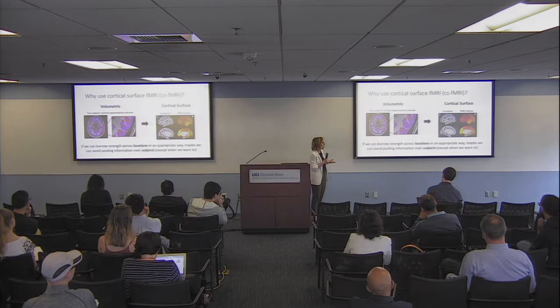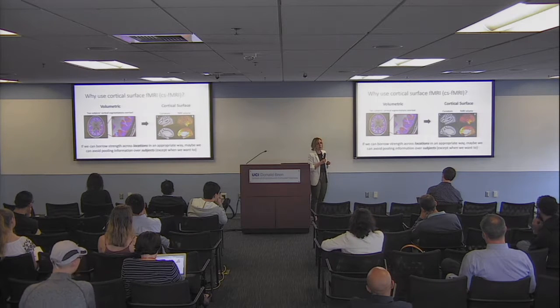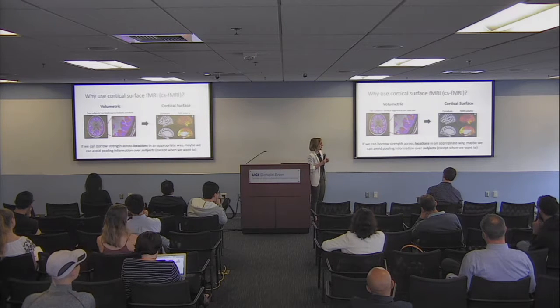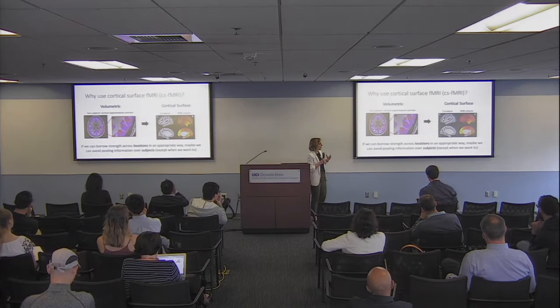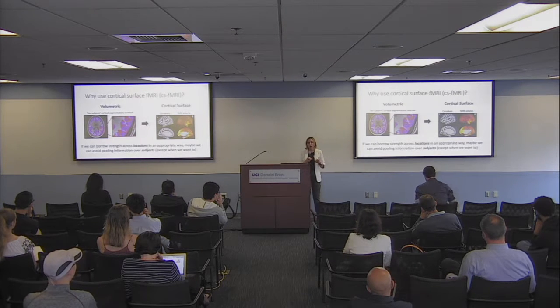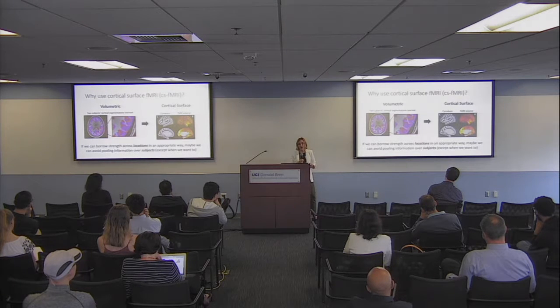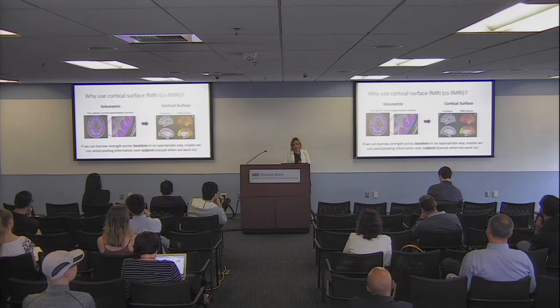But in many cases, we actually are interested in subject-level activation patterns and subject-level cortical organization. And a lot of our current modeling approaches don't really allow us to do that kind of analysis in a very accurate way. So we hope that by borrowing strength across locations, we will be able to obtain better estimates of single subject activation and cortical organization.